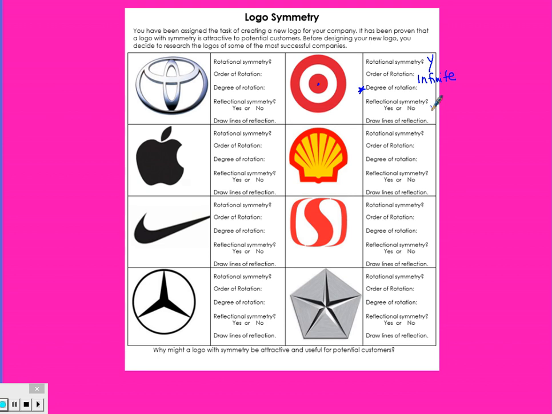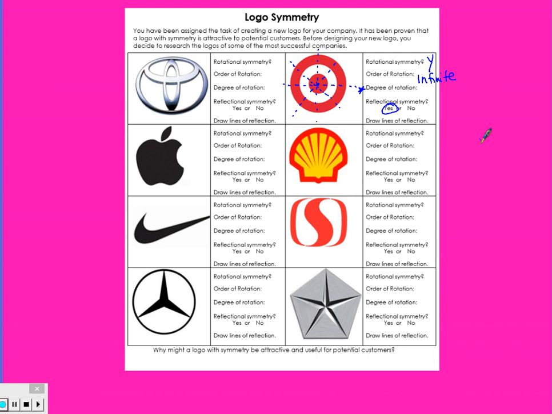Reflectional symmetry. Does it have reflectional symmetry? Yes, it does. Here's an example of a line I could reflect over, or we could have that line, or that line. So here are some examples, but how many lines could you draw? An infinite number, as long as they go through that center point.